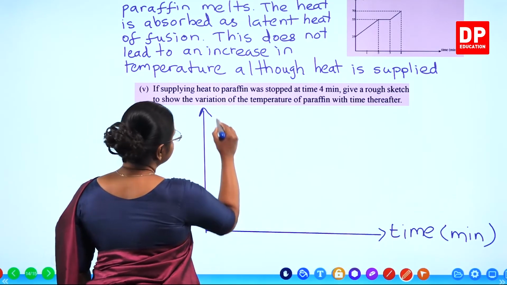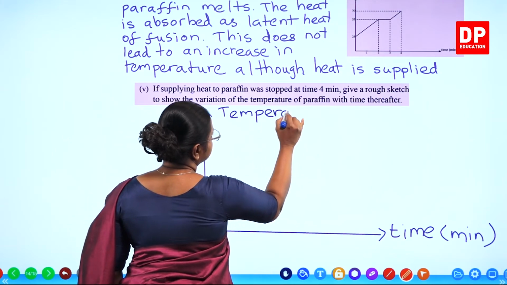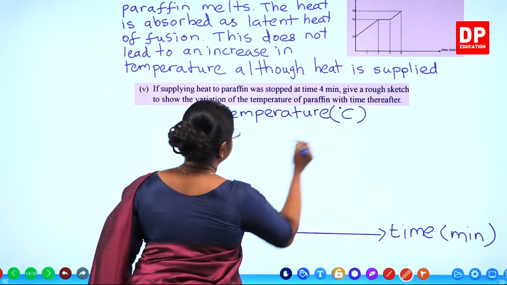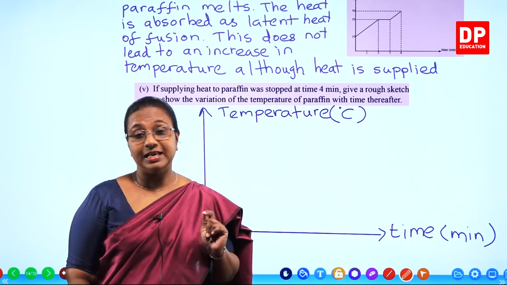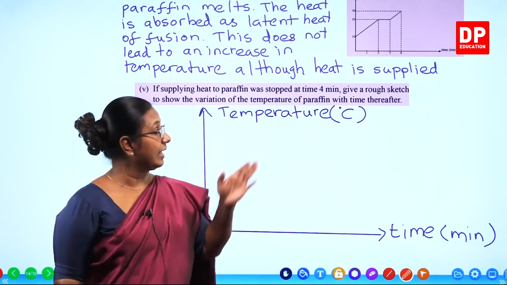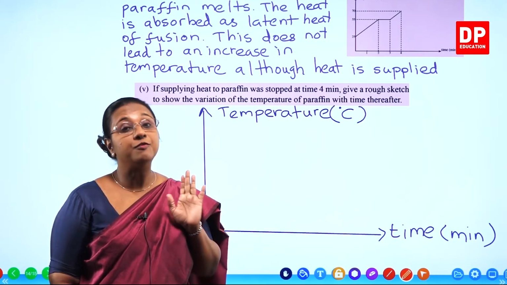So the y-axis has to be temperature, degrees Celsius. So as you can remember students, there we supplied heat. So the increase in temperature took place very quickly. That's why all the changes took place within 4 minutes.